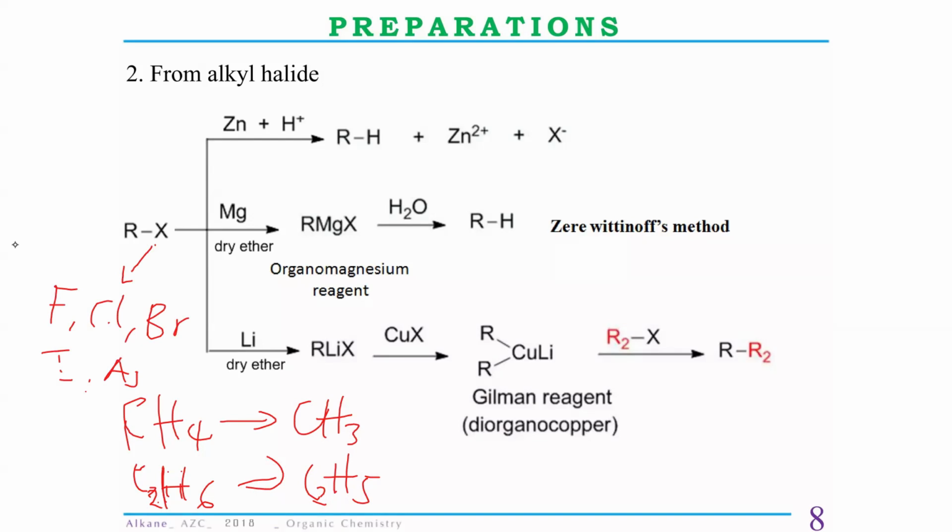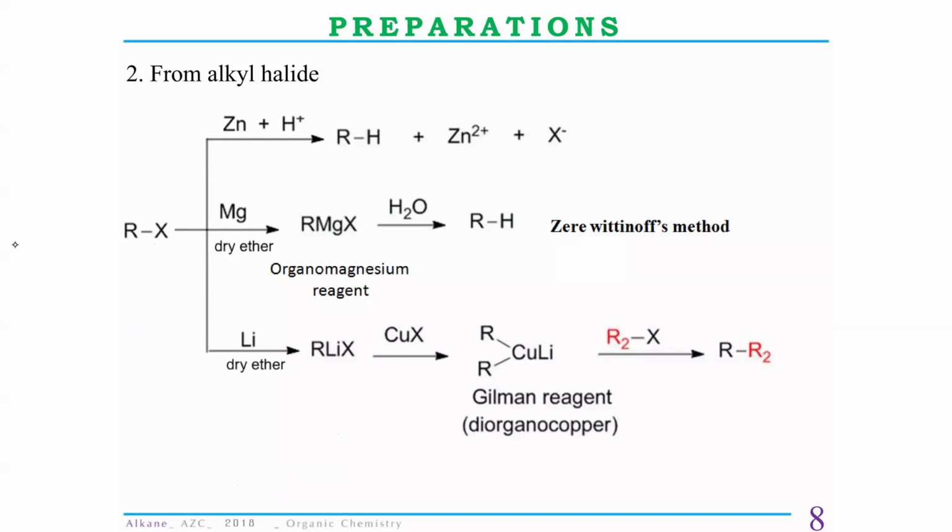For example, you react an alkyl halide with magnesium plus dry ether, and it gives you what we call an organomagnesium reagent, which is called a Grignard reagent.